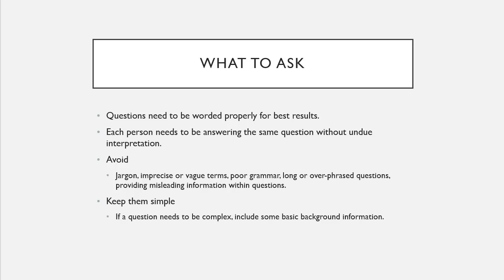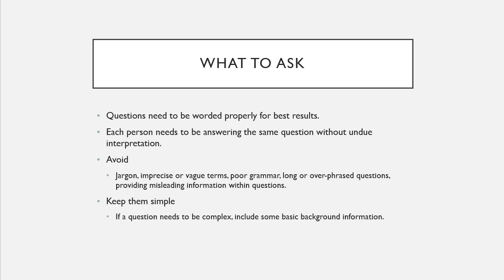If a question does need to be complex, include some background information. When I think of a question that has to be necessarily complex, I think of these questions that we see on standardized tests where it says something like, read this paragraph and then answer the questions afterward. That's a reasonable way to do a complex question in a survey.